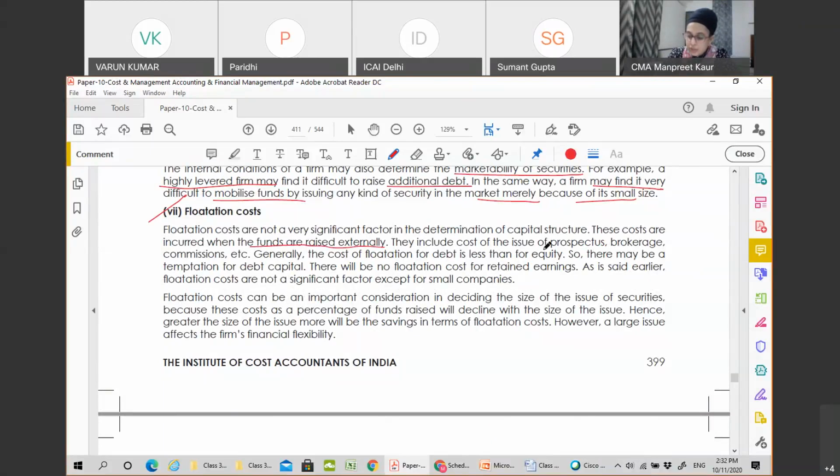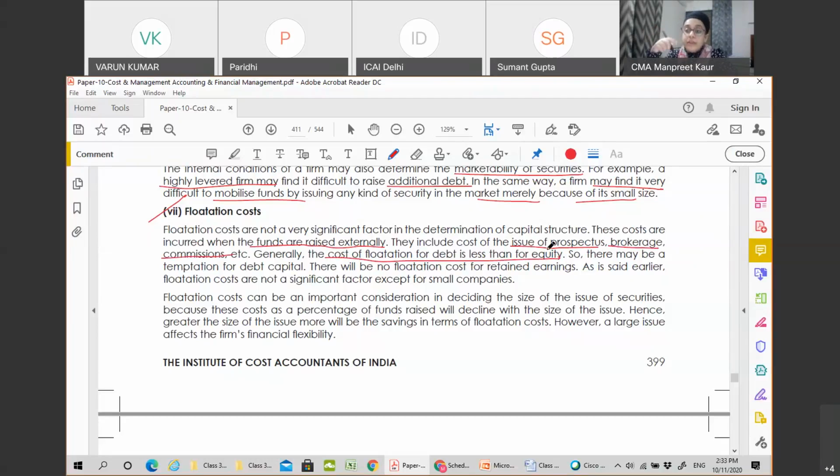Underwriting commissions, issue of prospectus, brokerage commissions, these are the flotation costs. The cost of flotation for debt is less than for equity. Always remember, the cost of debt is less.